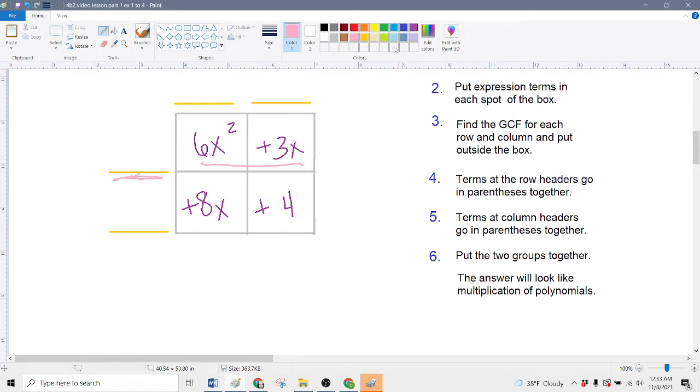The GCF for that second row will go here. The GCF for our first column will go here. And the GCF for the second column will go there.